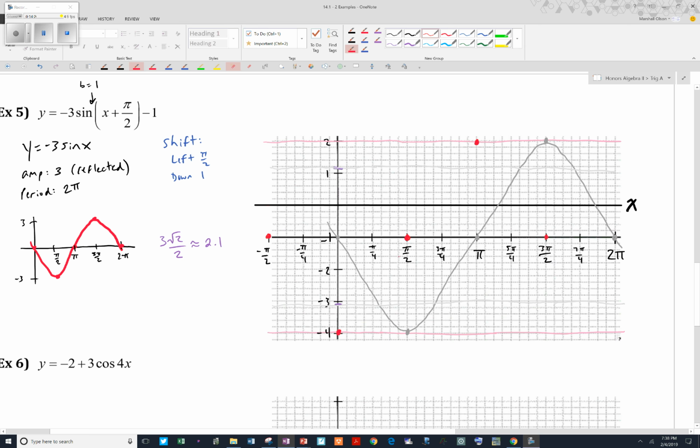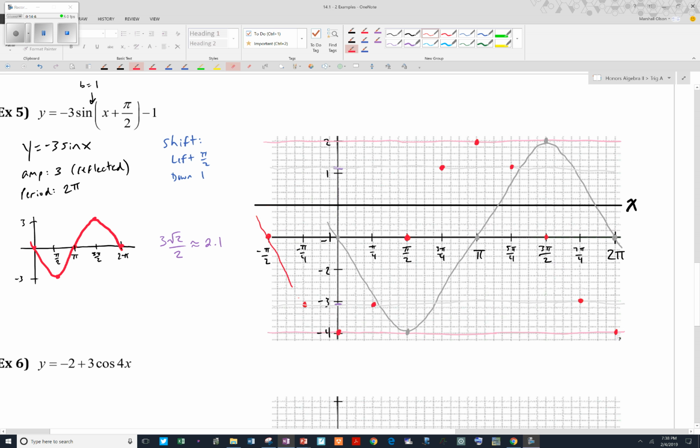using those red points that I have right now. I know that I'm going to have points on that square root of 2 over 2 line at my pi over 4 spots. So that's going to give us a pretty good representation. I can actually throw one more in here, right here. And then I could also put, if I wanted to, another minimum over here.